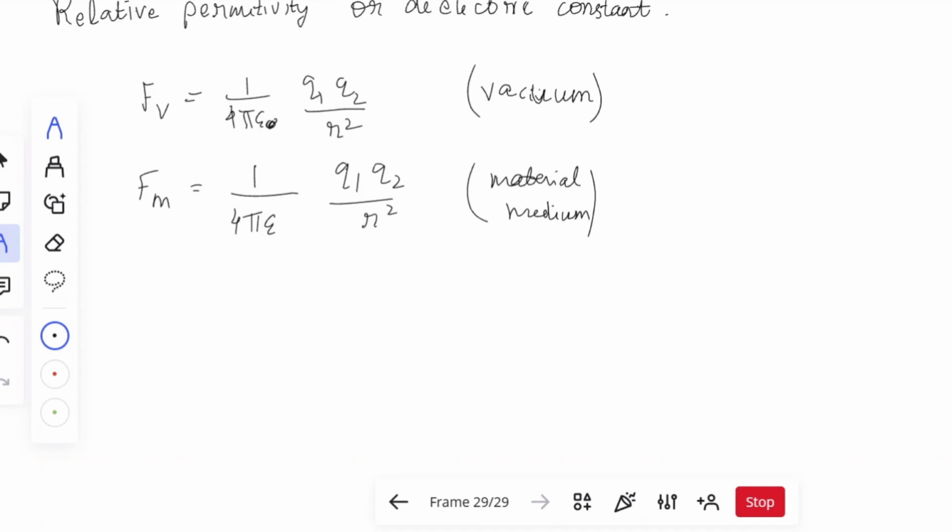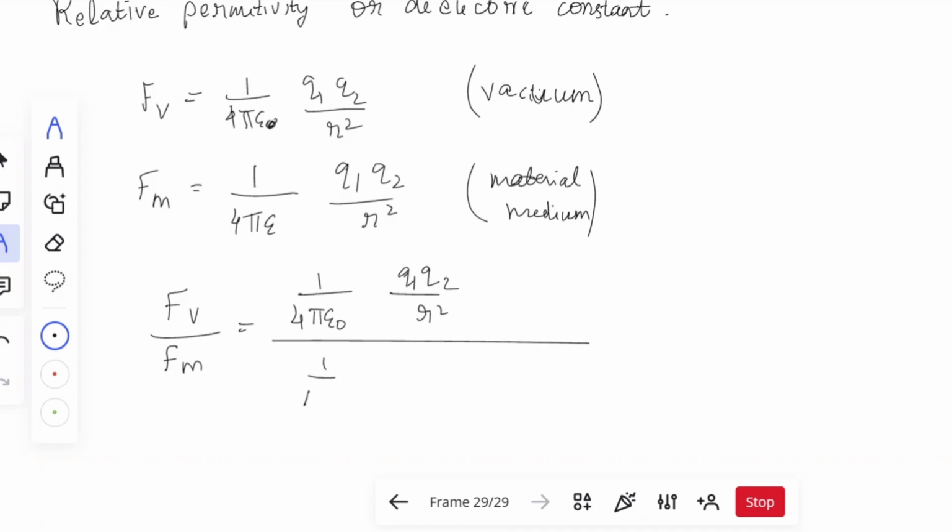Now from these two expressions, F v by F m can be written as 1 by 4 pi epsilon naught Q1 Q2 by r square divided by 1 by 4 pi epsilon Q1 Q2 by r square.